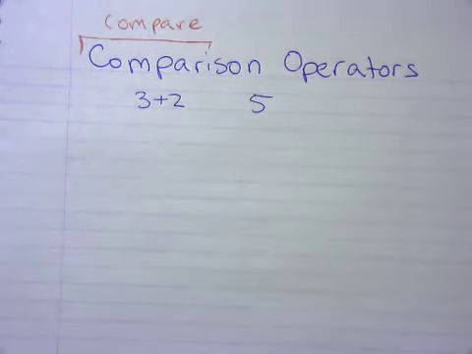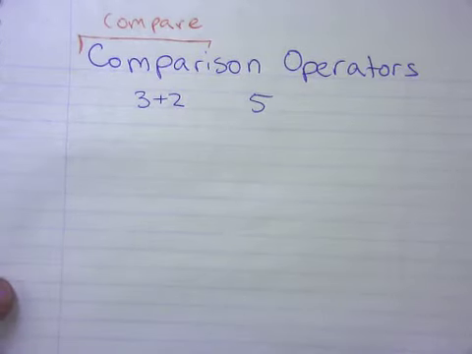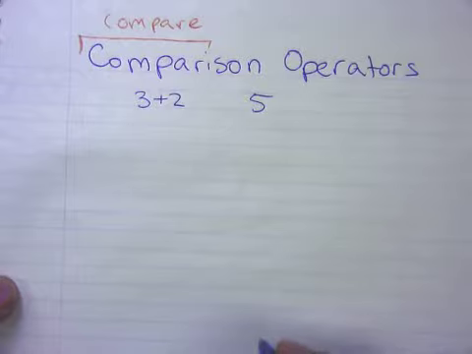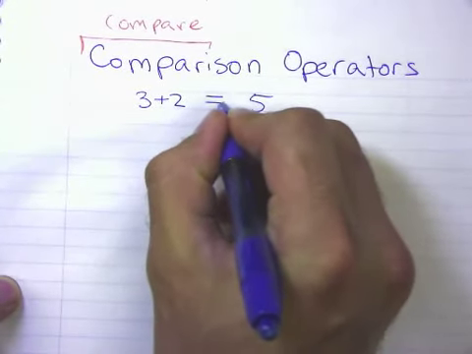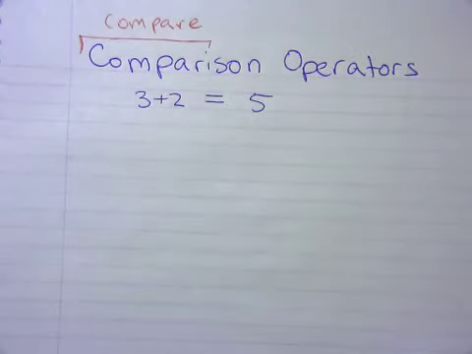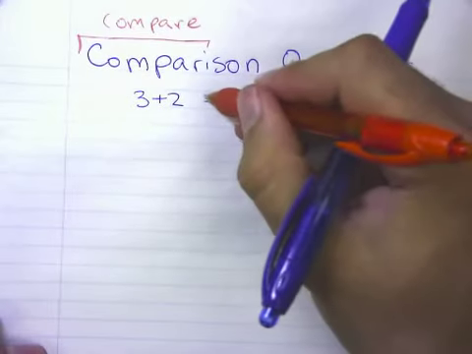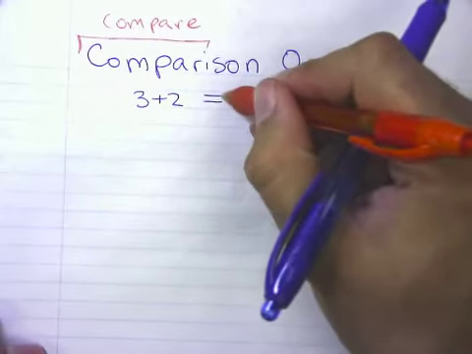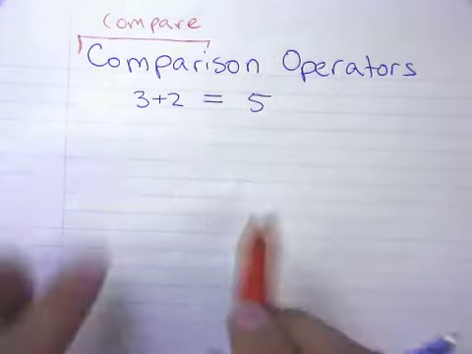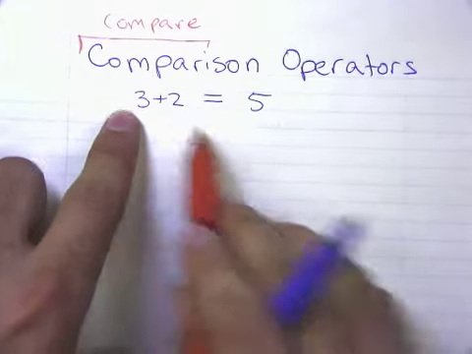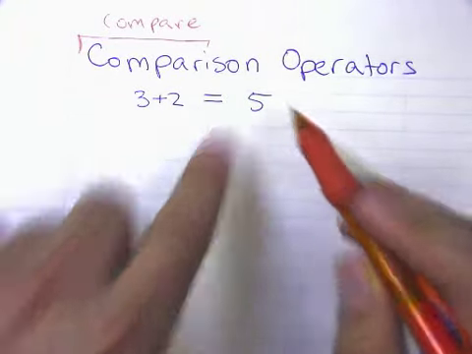Now here's the way I want you to think about how to draw an equal symbol. I know you know how to draw an equal symbol, but I want you to tweak what you're seeing when you draw that. I want you to see the equal symbol as two lines whose ends are the same distance apart. The distance from here to here is the same as the distance from here to here, and it's that distance being the same that describes the fact that this value is the same as that value.